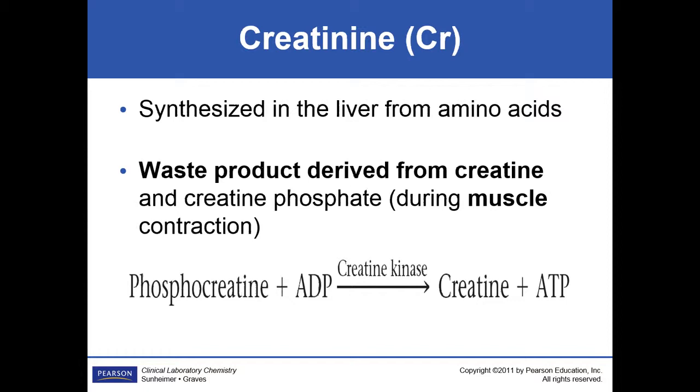Another element is creatinine, indicated CR. It is synthesized in the liver from amino acids. Creatinine is a waste product from creatine and creatine phosphate. Does creatine phosphate ring a bell? From the heart. This is a waste product that occurs during muscle contraction.